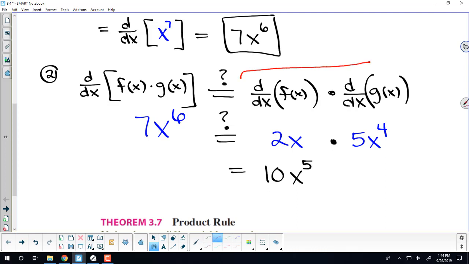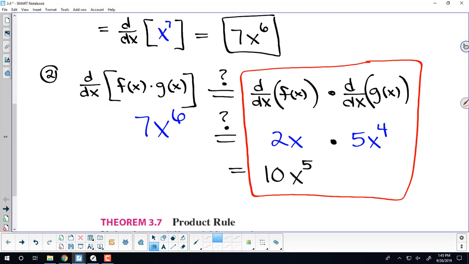So here's the product of their derivatives, but here is the derivative of the product, which we know to be algebraically consistent, right? So we see that these two things are not equal.